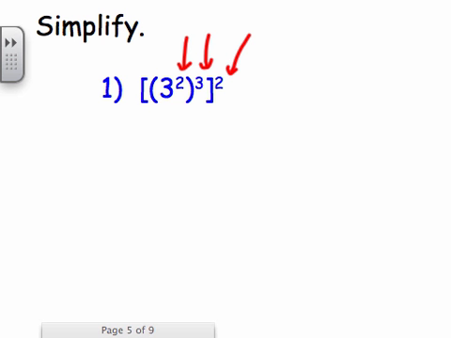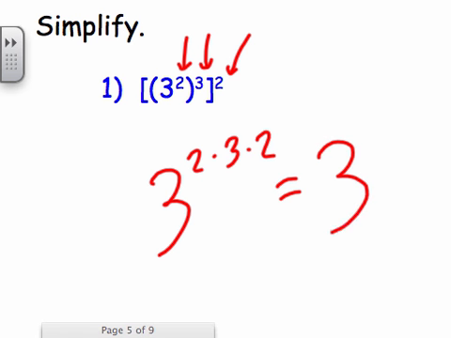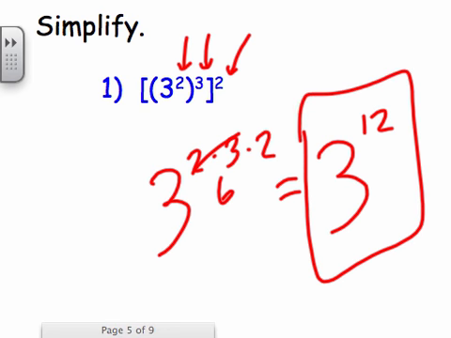So really, I'm just taking 3 to the 2nd times 3 times 2nd powers to give us a total of 3 to the, well, 2 times 3 is 6, and 6 times 2 gives us 12. So 3 to the 12th power. I could simplify that even more by actually taking 3 to the 12th power on my calculator. It's going to give us a pretty big number, so let's just leave it as 3 to the 12th power. It looks much nicer that way.